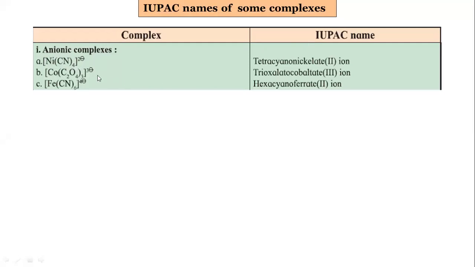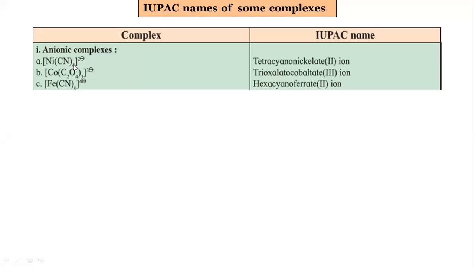Now how to give the names? According to the IUPAC nomenclature system and the rules, number 1, the name of the ligand we have to write first. So how many ligands are there? See, 4. This 4 indicates there are 4 cyanide ligands.